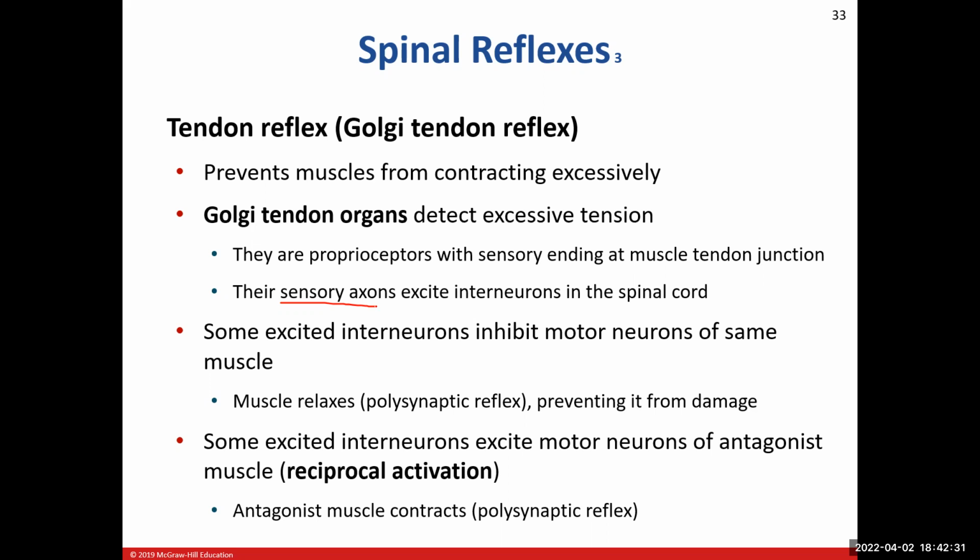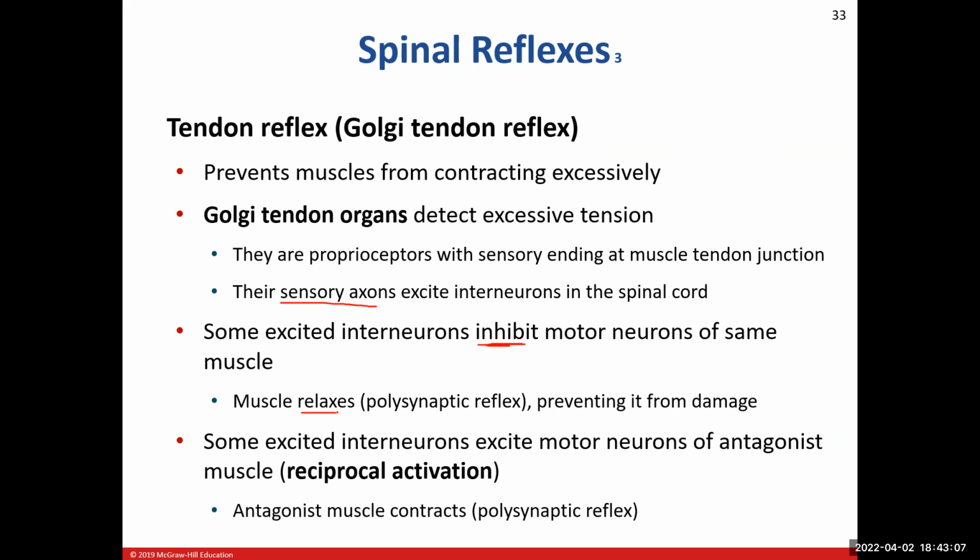At the same time, we're also going to see another set of interneurons that are going to inhibit that muscle that is being contracted excessively. What happens if we inhibit that muscle? Well, if we inhibit the motor neuron, then that muscle will not contract any longer, so it will relax. So this prevents us from damaging that muscle tissue.